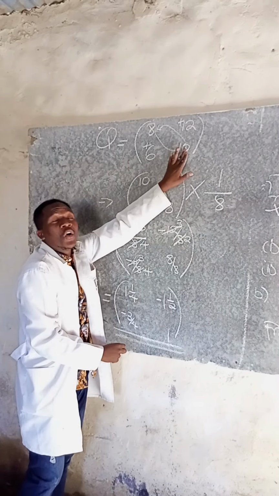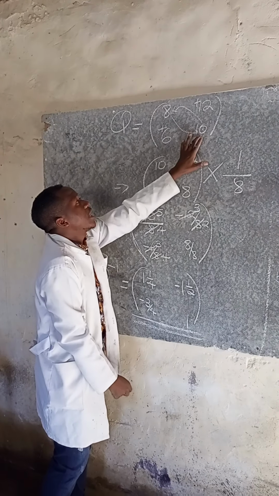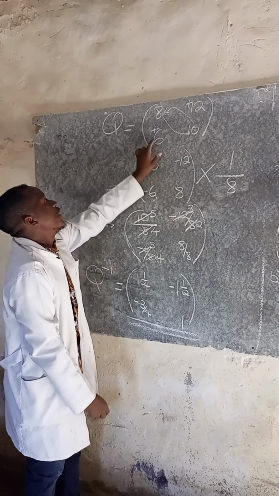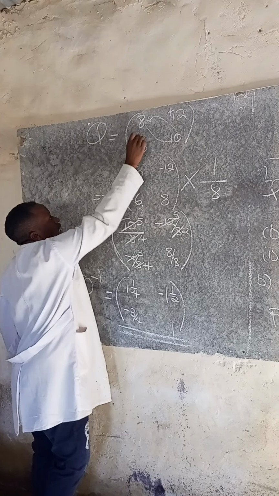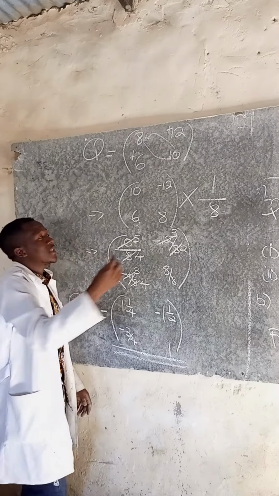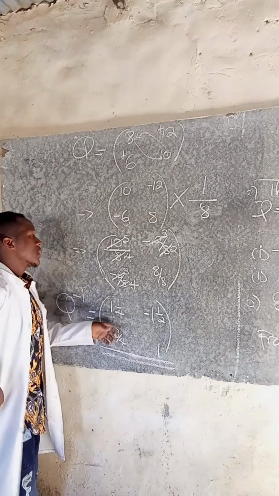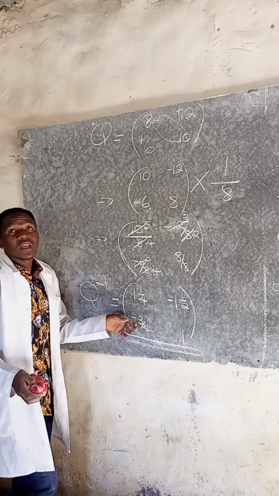From the major diagonal, all that is recommended is to interchange the positions. 8 and 10 interchanging in this manner. Then for the minor diagonal, we interchange the signs. If this was negative, I would have put a positive. But since it was a positive, though it wasn't indicated, I'll put a negative. So these are the procedures involved when finding the inverse.